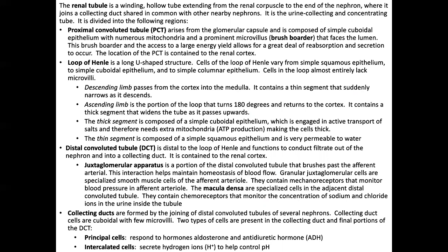As a structure, it can be divided into three major parts: the proximal convoluted tubule, the loop of Henle, and the distal convoluted tubule. We'll go ahead and talk about collecting ducts as well down at the bottom.